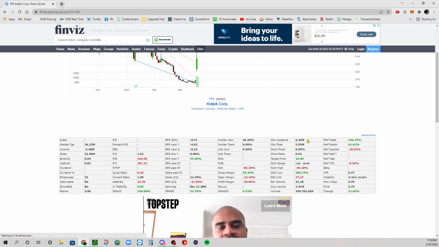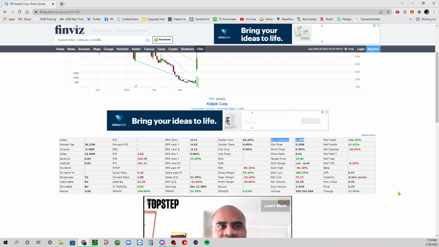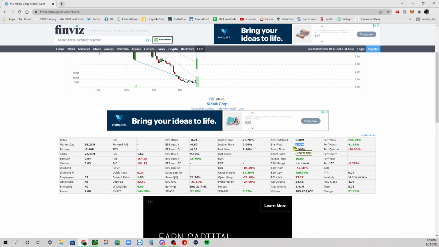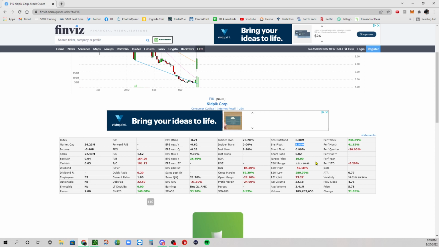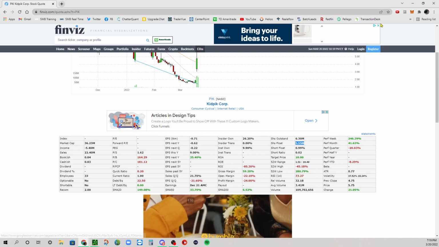You see right here, shares outstanding. There's 6.3 million shares overall in the company, and it's saying shares float, which is how much is floating out there in the public available to trade for everybody, right? Just think about this. There's only 5.5 million shares available to go around, okay?